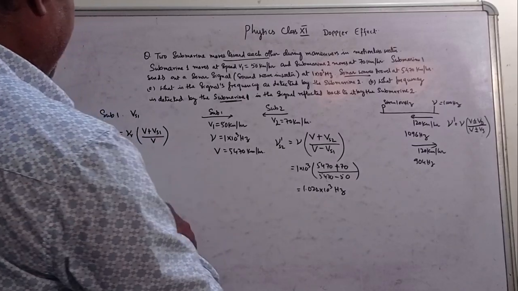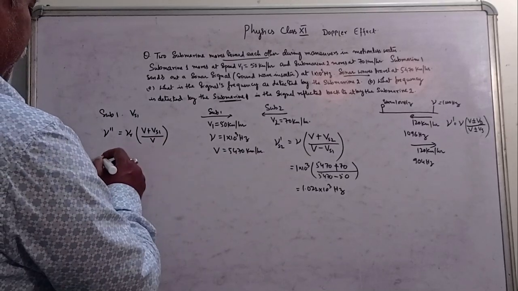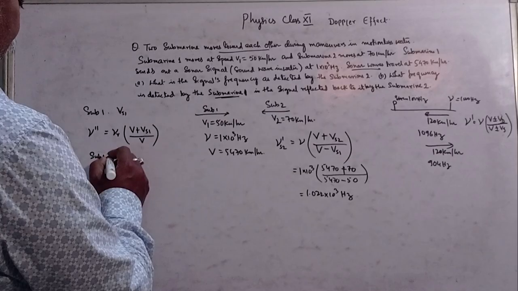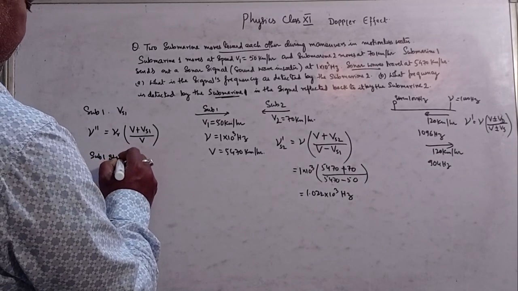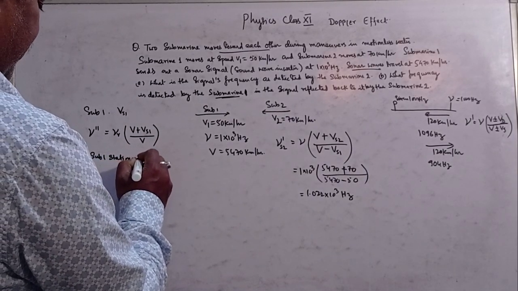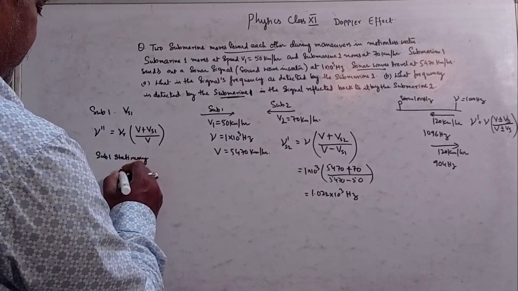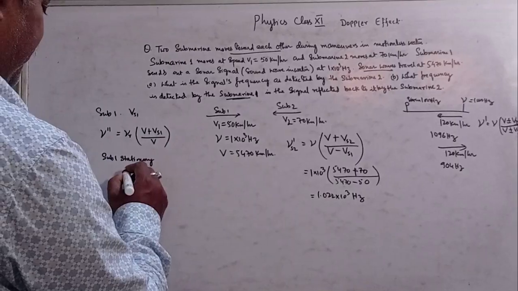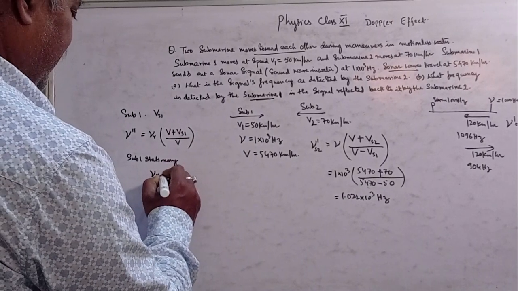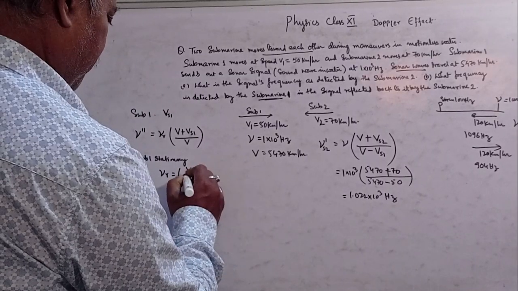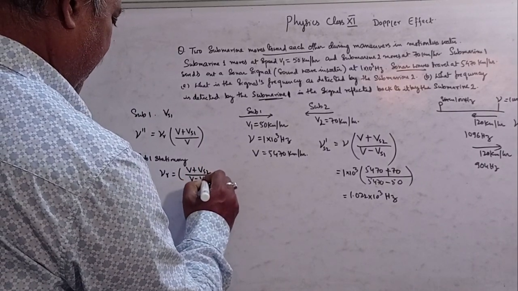And for calculating the reflected frequency, let us consider submarine 1 to be stationary, and your reflected frequency will be v plus vs2 by v minus vs2.